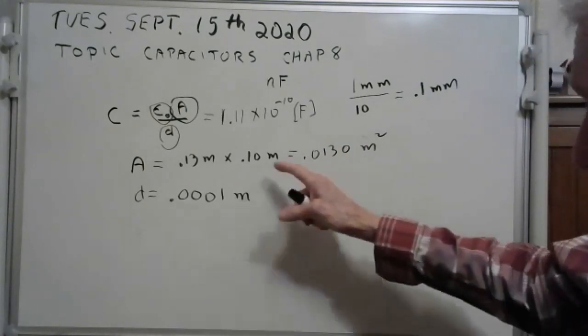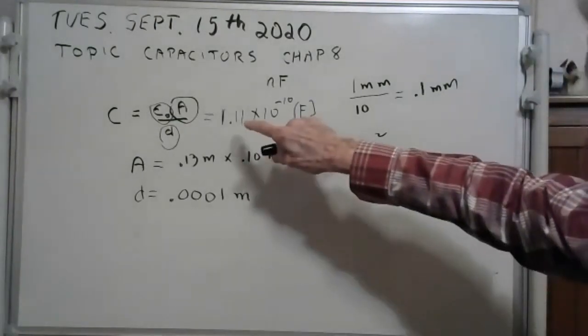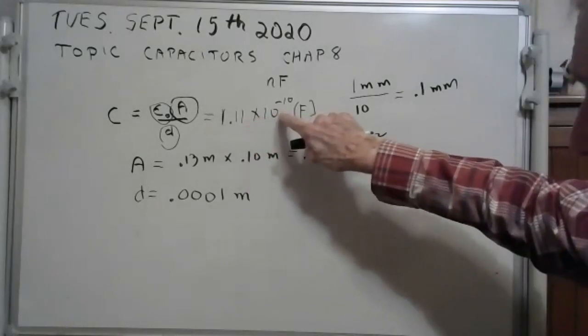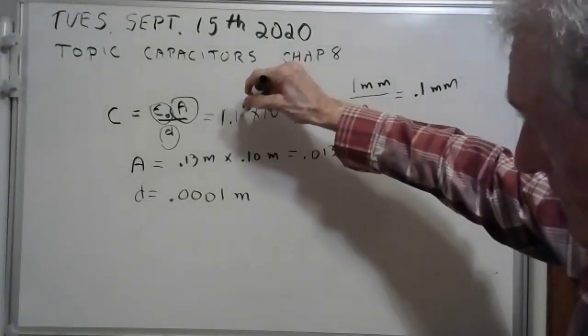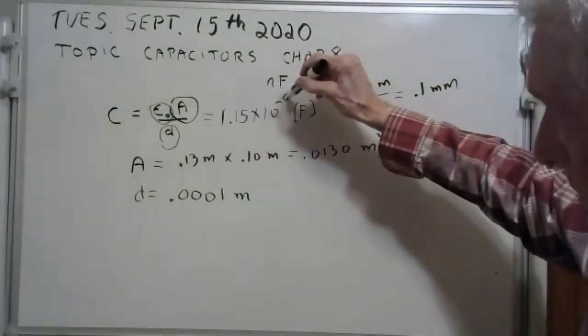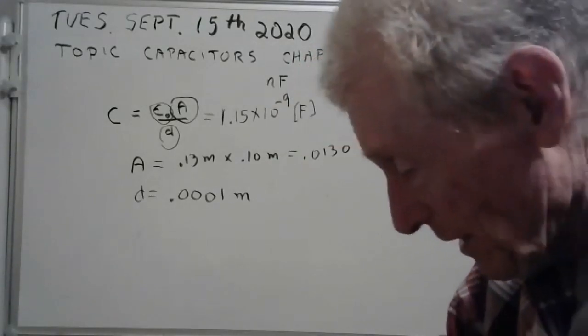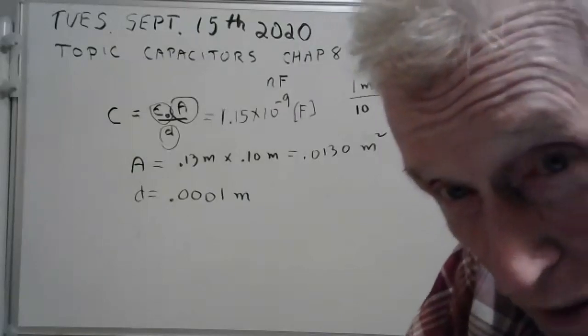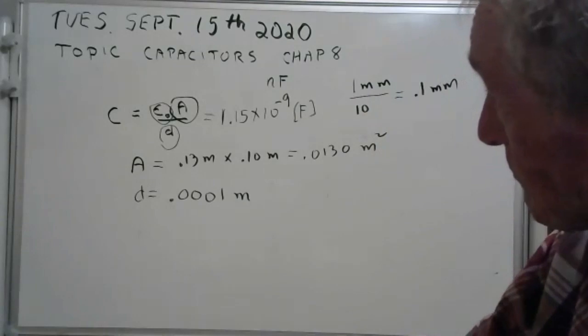Now the area is 0.013 and the distance is 0.0001. Hey, I'm getting 1.15. Is that better? And that 10 to the -9? Yeah, that's what I got. How about other people? Yeah, that's better. Good. I don't know what I did. So that's why I need you guys. Between you and me, we can do this stuff.